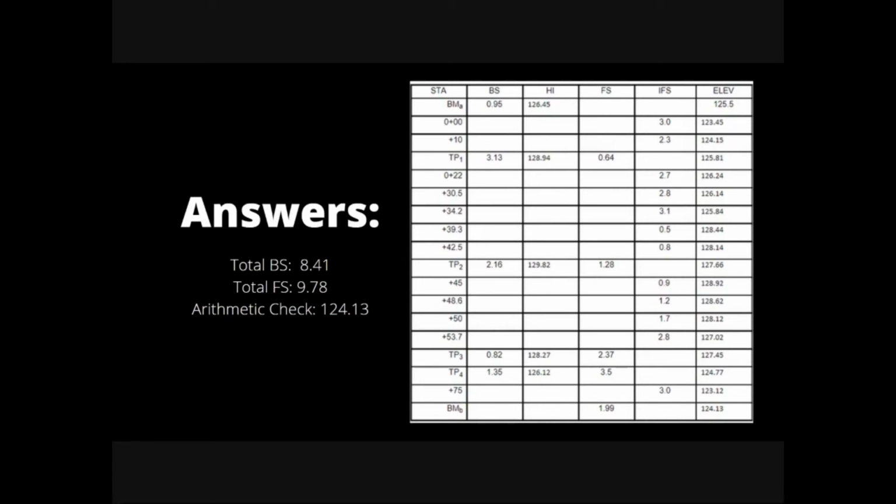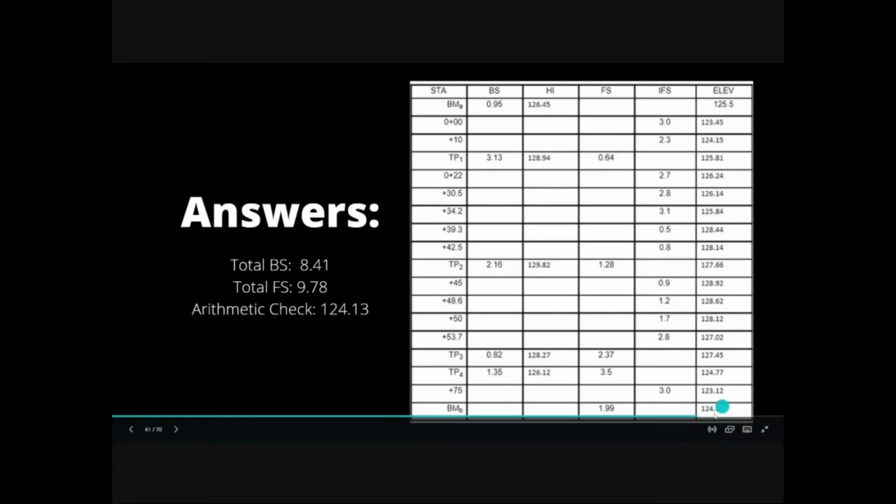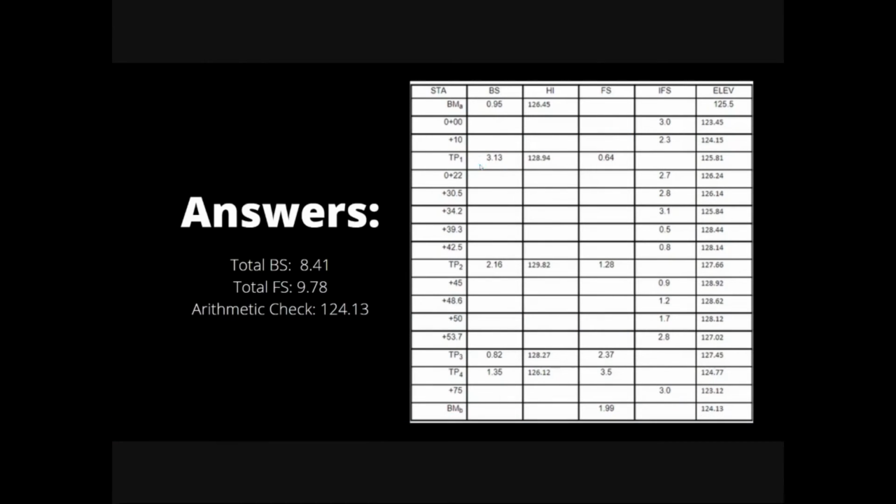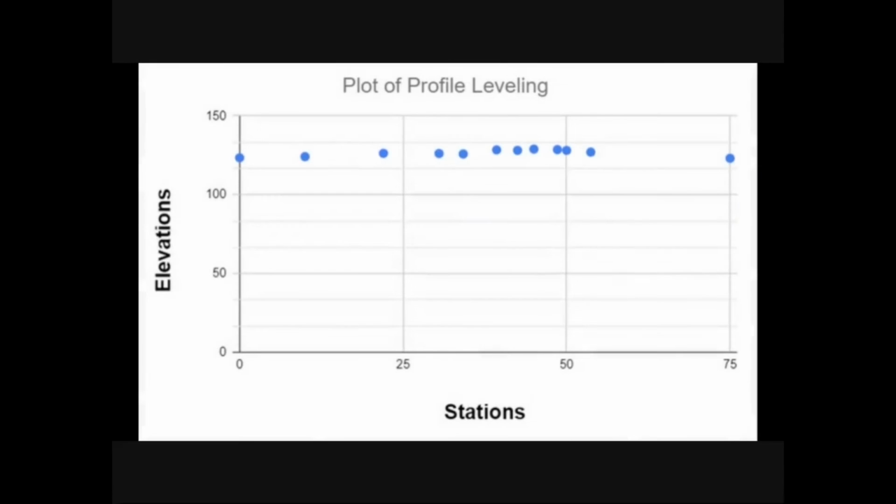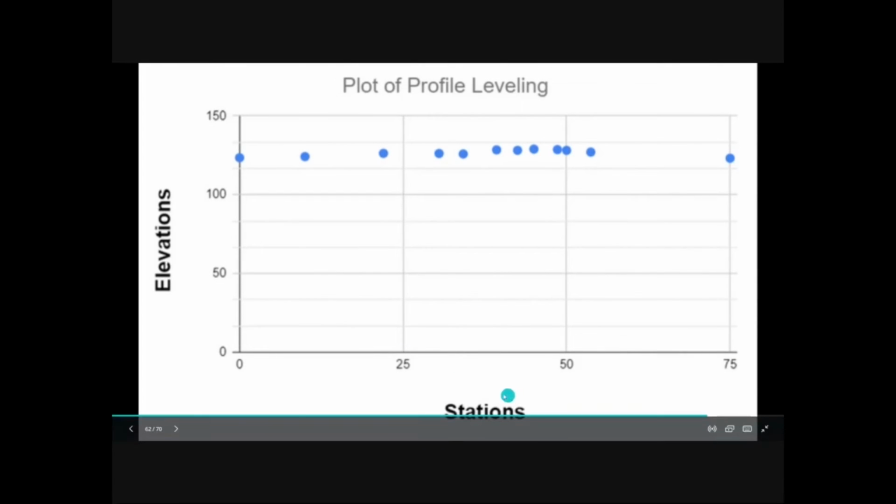So the value for our arithmetic check is 124.13. So our values match with this. So there's no discrepancy in our notes.